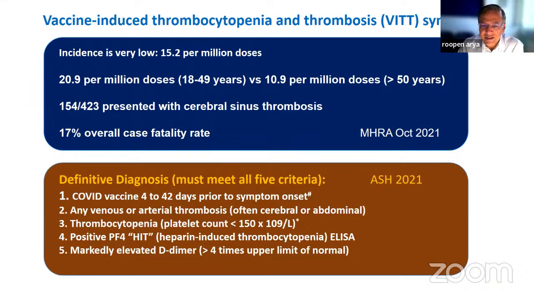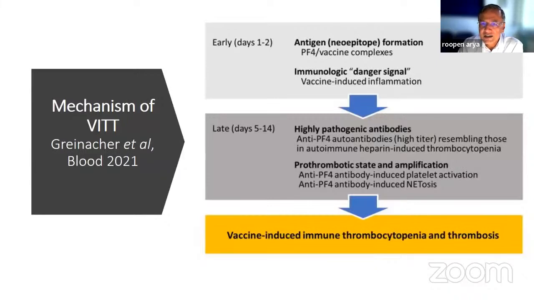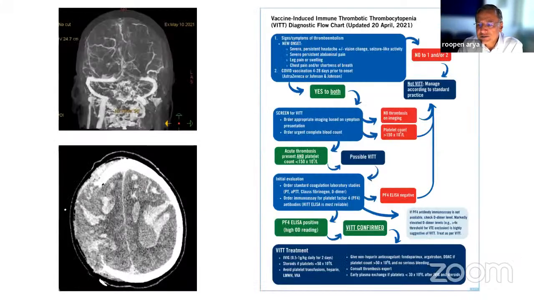So really, this concept of VIT, which seemed to predominate in younger patients, and I know from discussions with colleagues in Sri Lanka, you were also seeing it in Sri Lanka, came into being. And we very swiftly developed a modus operandi as to how to manage these patients with a combination of intravenous immunoglobulins and then basically doing what we did in heparin-induced thrombocytopenia.